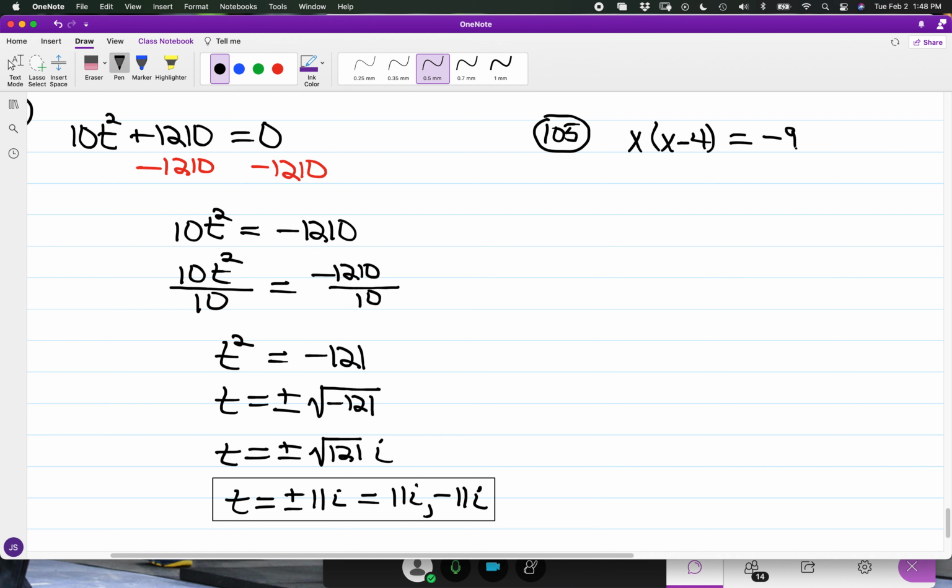This looks almost like a factoring by grouping setup, but you don't do that unless the constant that is isolated is 0. Since we have negative 9, we have to work around it. So we undo the parentheses: if I distribute, x times the quantity of x minus 4 gives x squared minus 4x is equal to negative 9. And just taking what I have and putting it in standard form, that is setting the equation to 0.